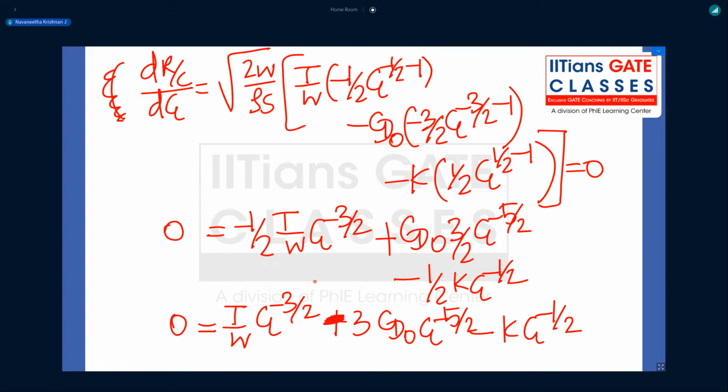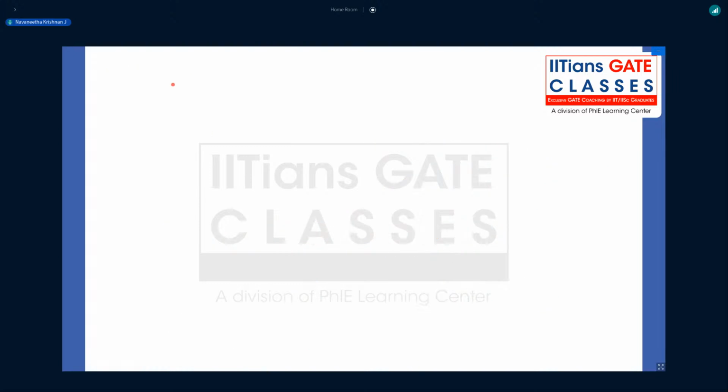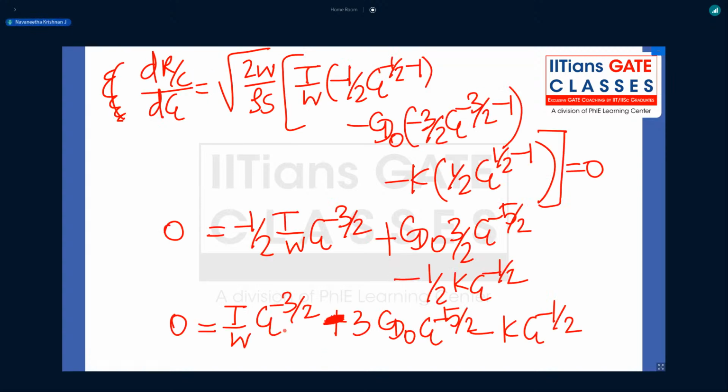Since everything is in the power of minus, I throughout multiply it by CL power plus 5 by 2. So what happens? If I multiply it by CL power 5 by 2, 5 minus 3 is 2, and 2 by 2 will become 1.